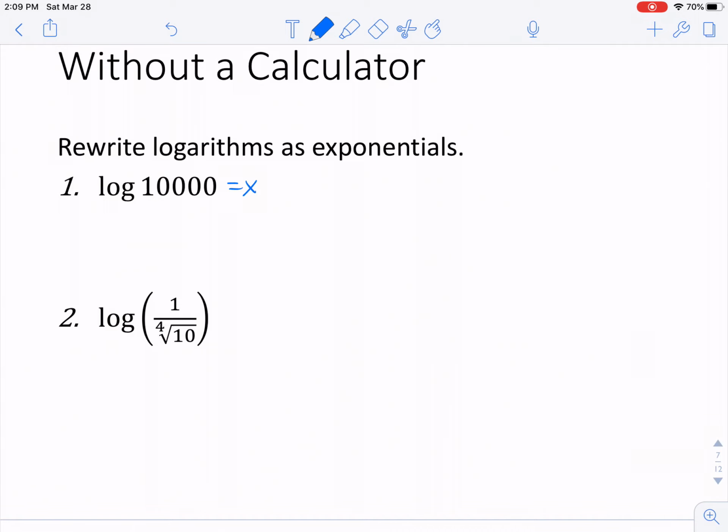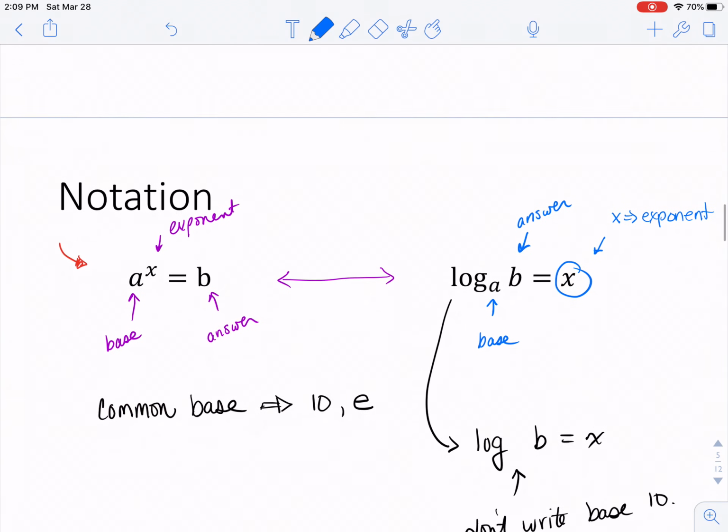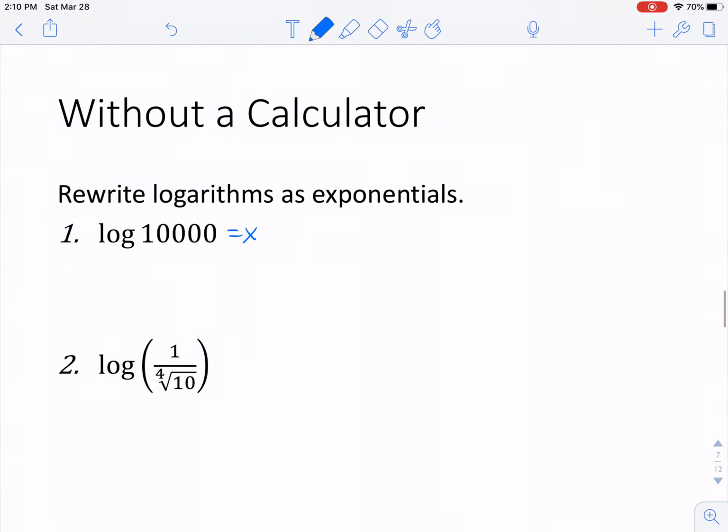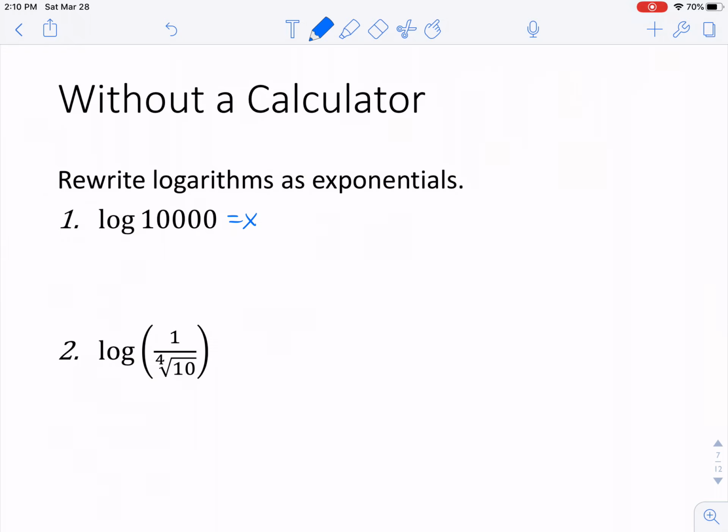So now I have it set up as an equation, and what I can do is I can go back to my notation and rewrite my logarithm as an exponential. So hopefully not making anybody dizzy. So what's the base? Well, no base is written, so that means base 10.